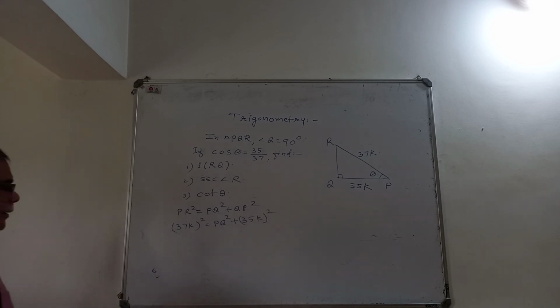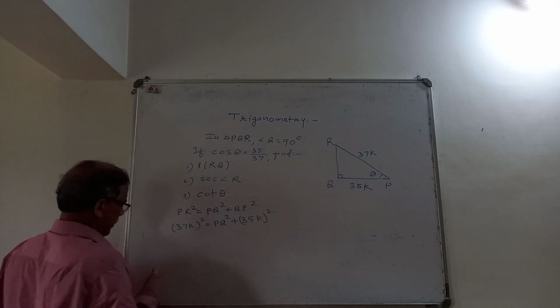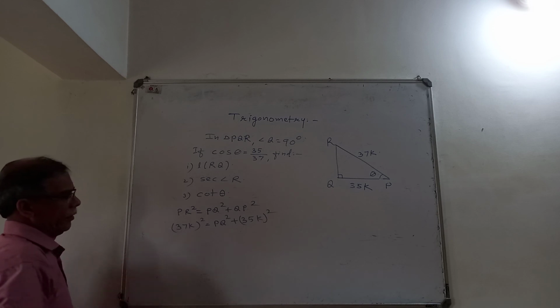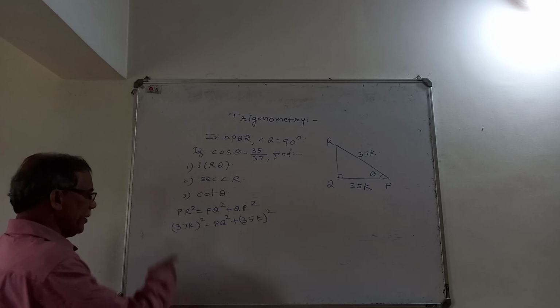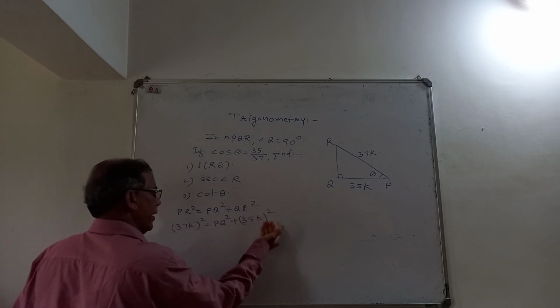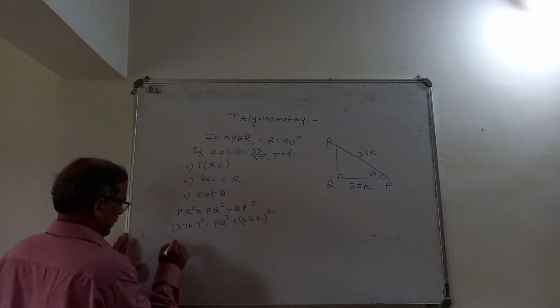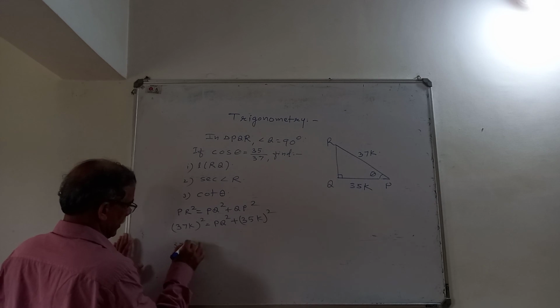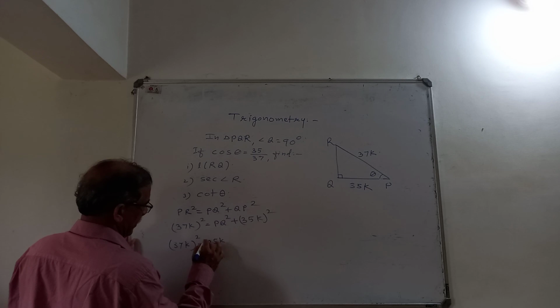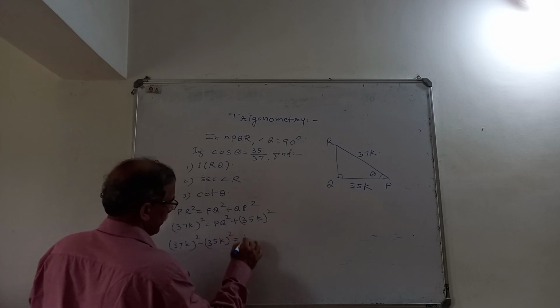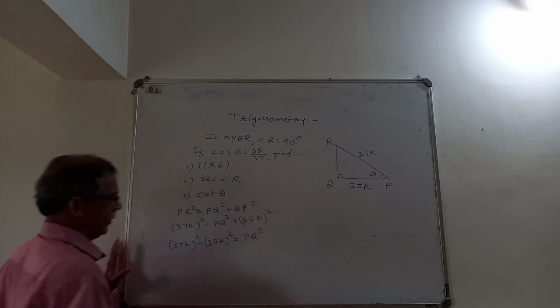You do not know 37 square or 35 square orally, big numbers, so you directly shift 35K whole square to the left-hand side: 37K whole square minus 35K whole square equals PQ square.